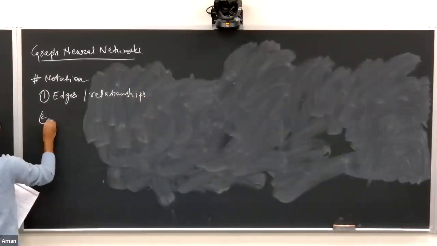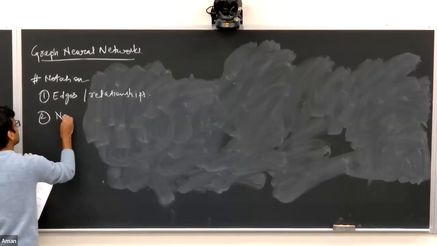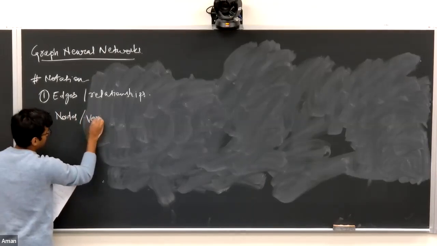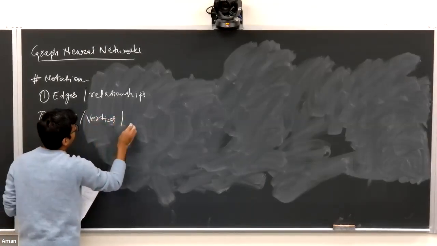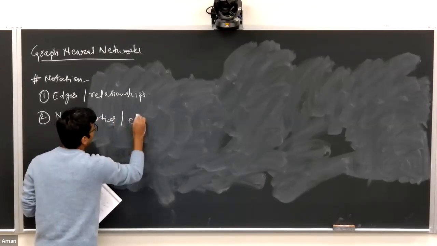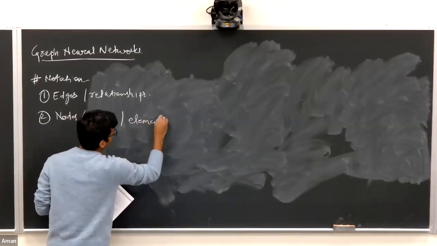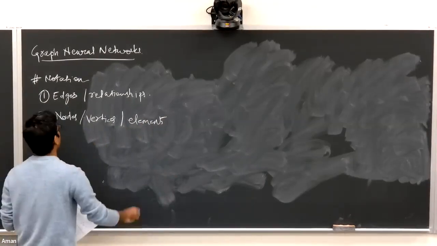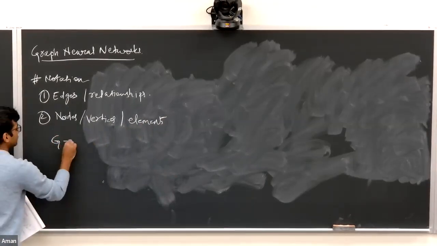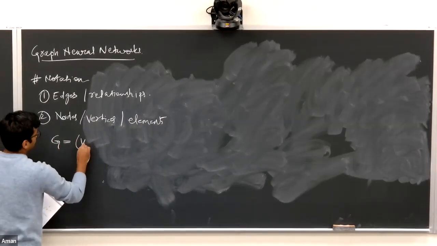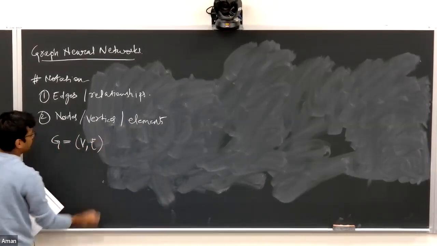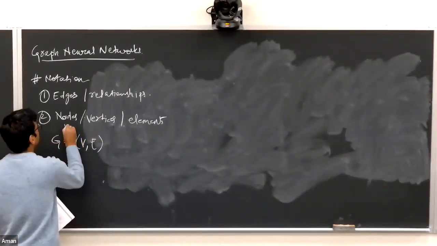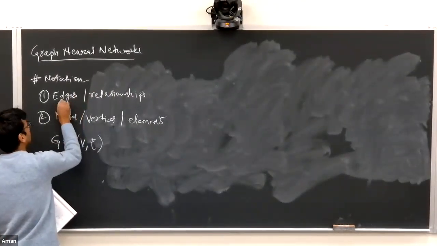And the second thing is nodes or vertices, which represent the elements of your data or the data points directly. So a graph is just a combination of the edges and vertices. These are V and these are E.